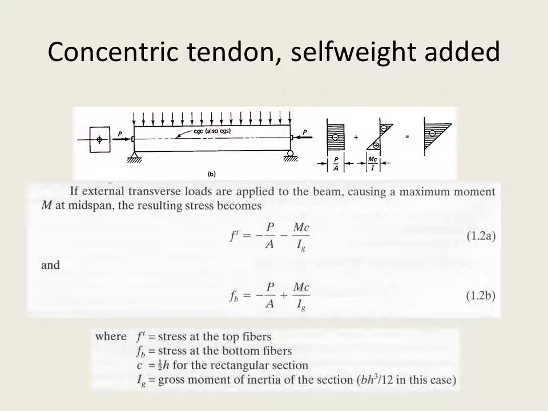For a section that is not symmetrical, the value of C will be different if you measure from the neutral axis to the top, so we call that C top, and from the neutral axis to the bottom we call that C bottom.